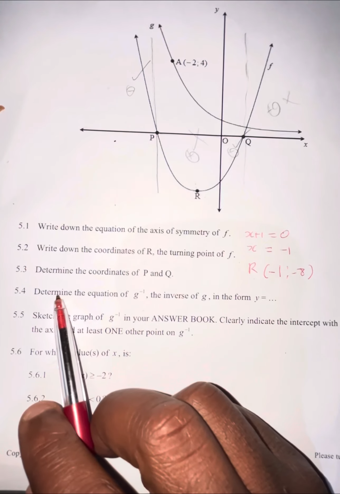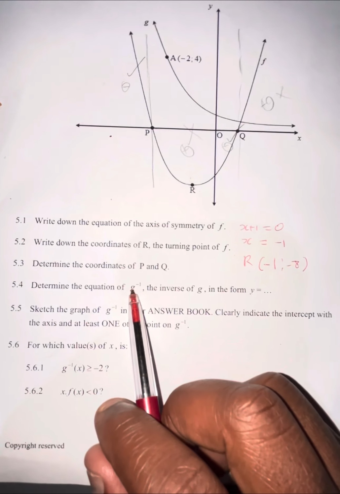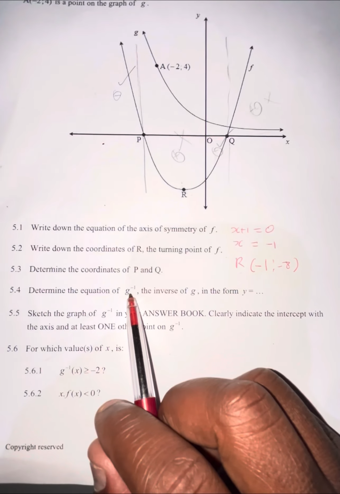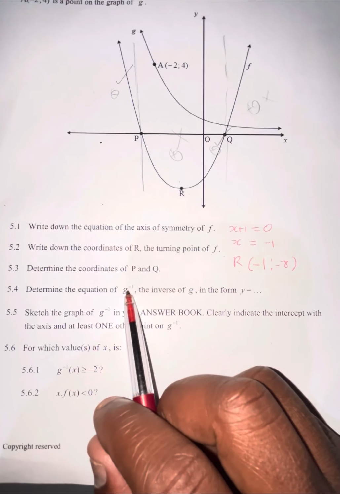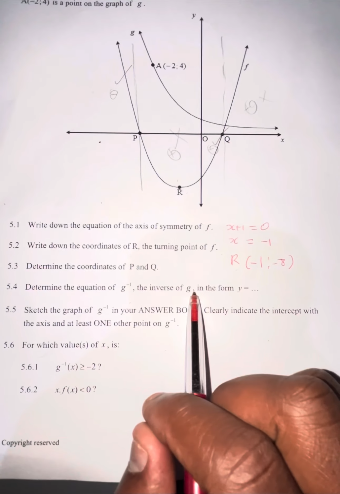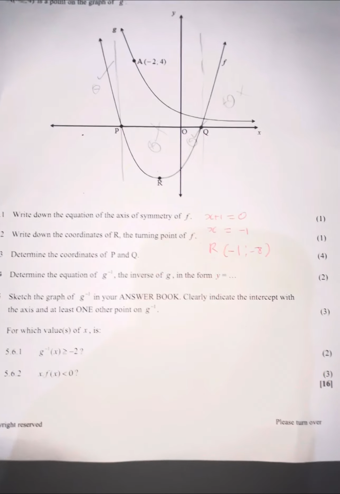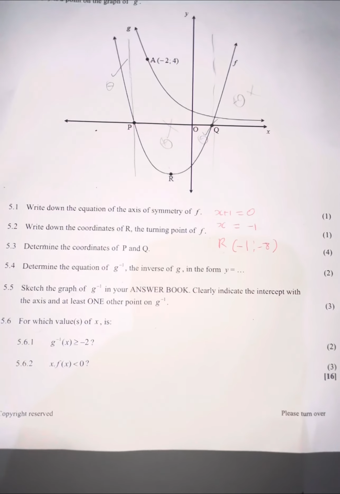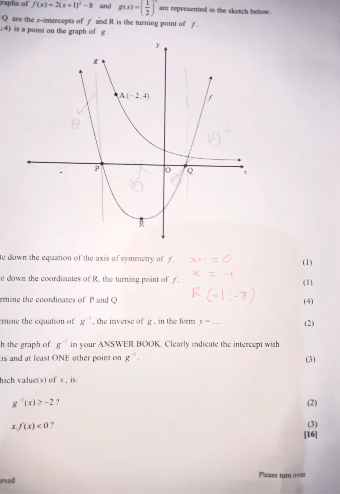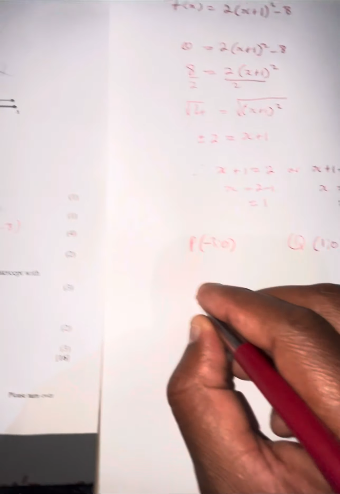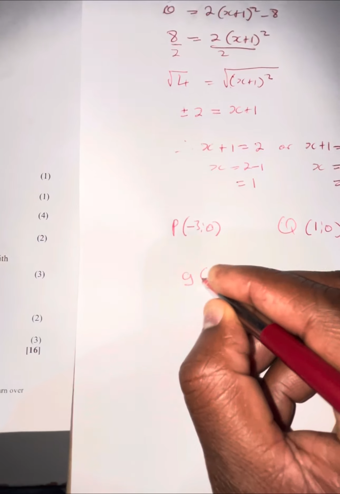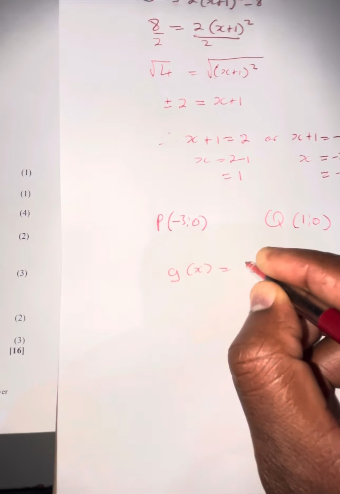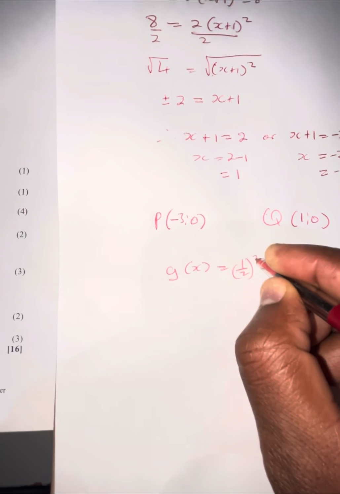So let's move to question 5.4. Determine the equation of g inverse in the form y equals. Okay, that's fine. So let's check. We need to use the equation of g(x). The equation of g(x) is g(x) equals (1/2) to the power x.